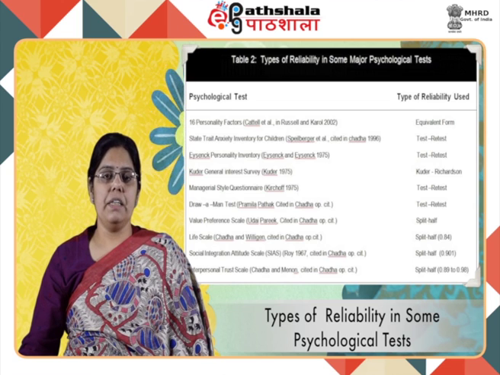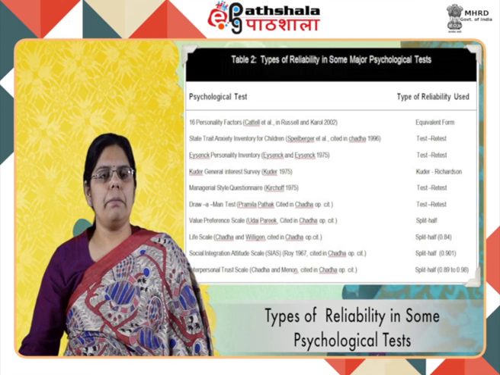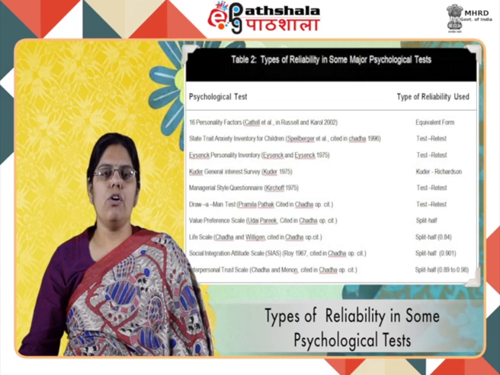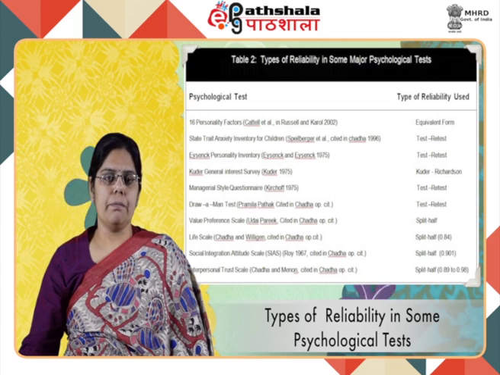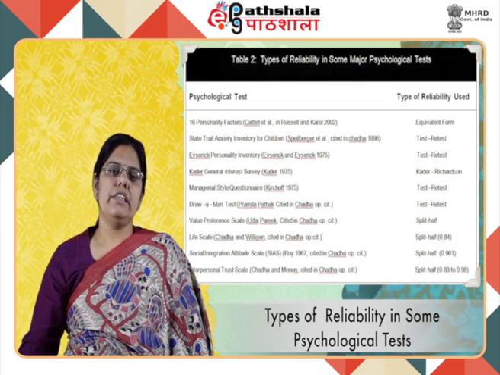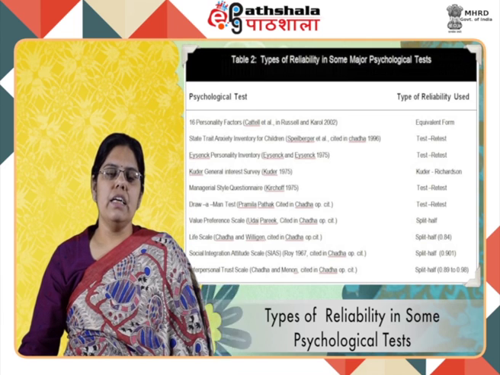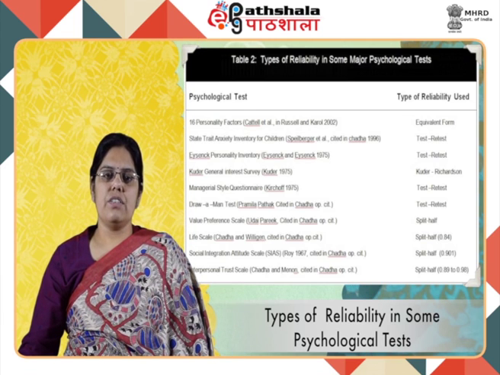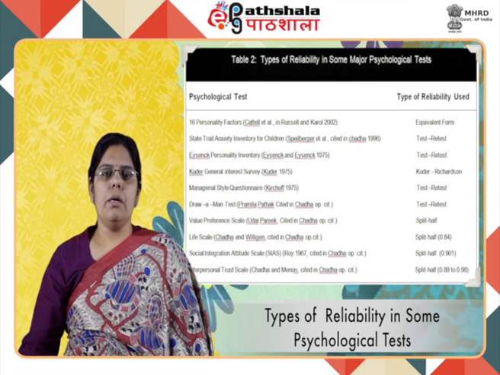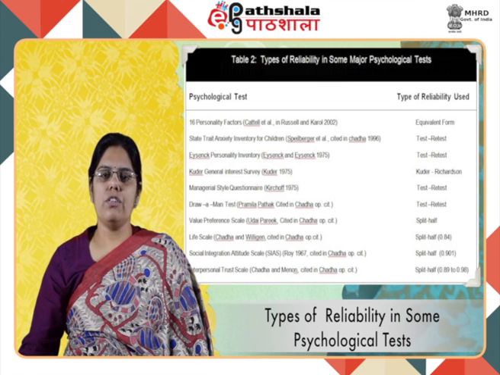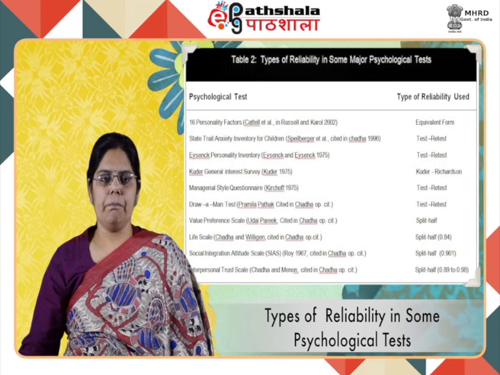In case of a speeded test, the choice of reliability index is parallel or alternate form of reliability, whereas the test-retest reliability index is appropriate if the construct is not susceptible to maturational, learning or situational effects.